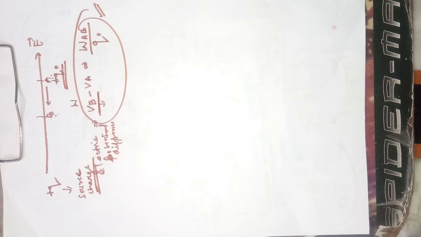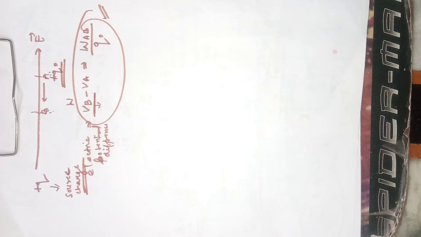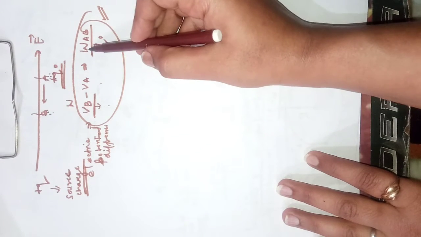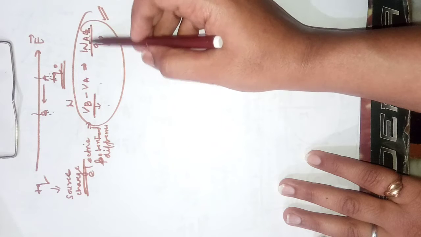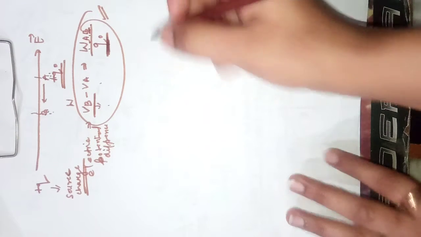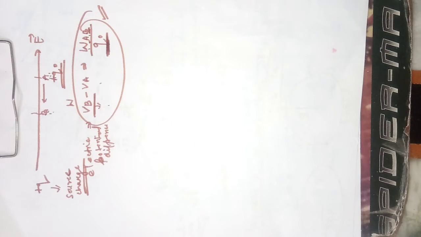We have considered two points in the electric field produced by our charge, and some work is done in moving the charge from point A to point B. So electric potential difference is nothing but the work done in moving a test charge from point A to point B, and its expression is VB minus VA is equal to the work done in moving the charge from point A to point B divided by the test charge which we are moving from point A to point B.